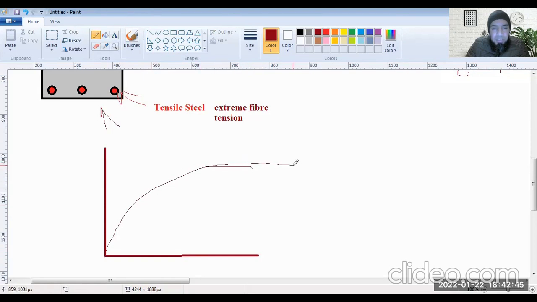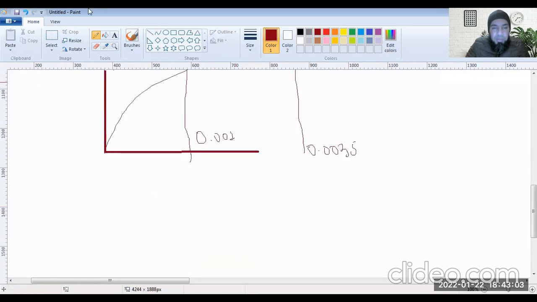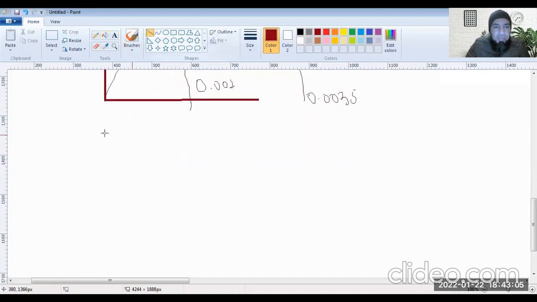For example, this is your steel, and there is a point where it's 0.0035 strain, and I told you that there is a point where it's 0.002. Sorry, this is concrete, 0.002 and 0.0035. Let me make it for the steel.